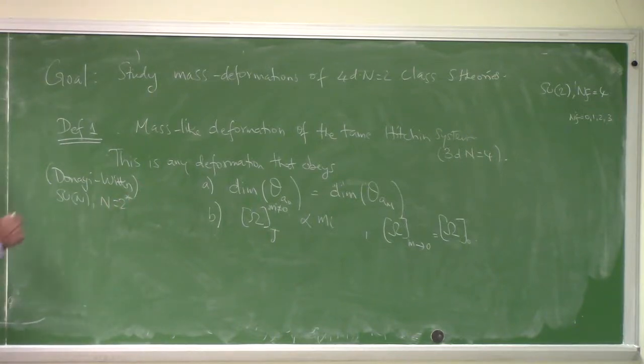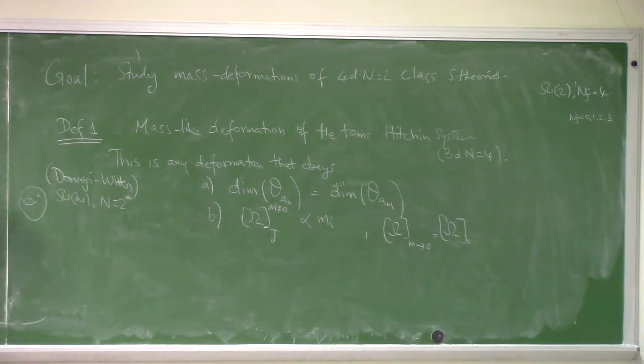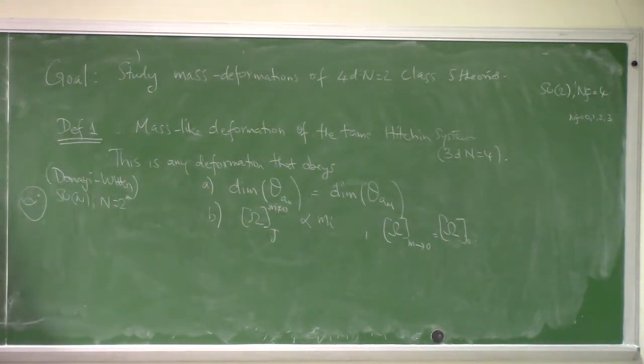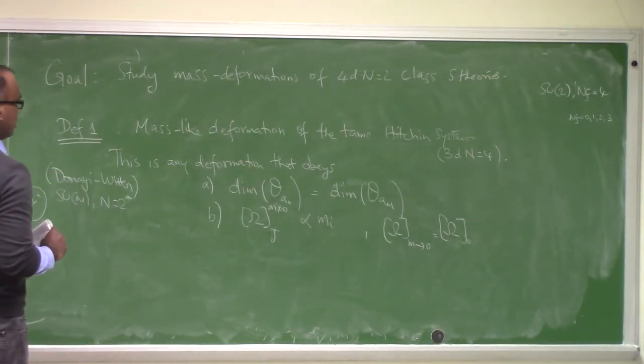That's a particular Hitchin system that corresponds to a torus with a single puncture with a particular ramification data. And they were studying the theory for non-zero mass deformations, and we were sort of adapting that strategy for more general cases.